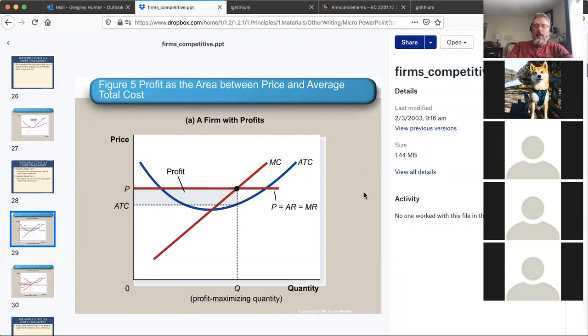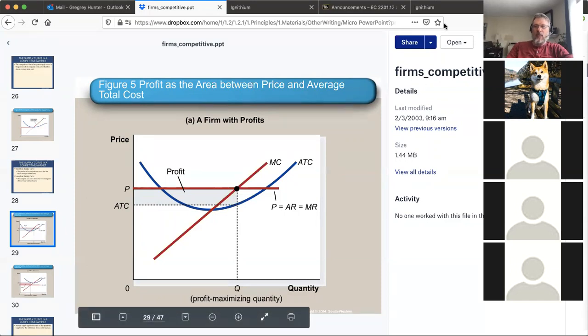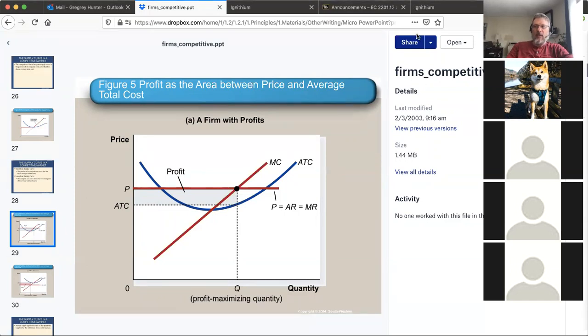So total revenue by definition is equal to price times the quantity of the goods sold. And average total cost by definition is equal to total cost divided by the quantity sold.